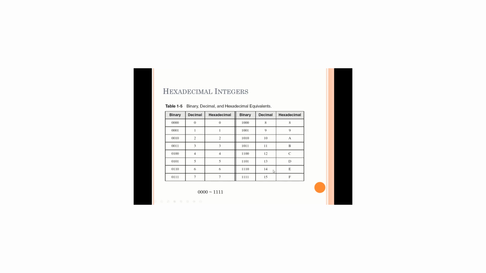And as you notice, at number 15, the binary representation is 1, 1, 1, 1. It utilizes all 4 bits. That means you can map any 4 bits of a binary number to a single digit of a hexadecimal number. And for that reason, hexadecimal numbers can be used to simplify the display of binary numbers.